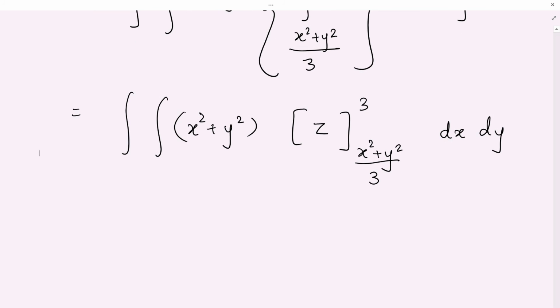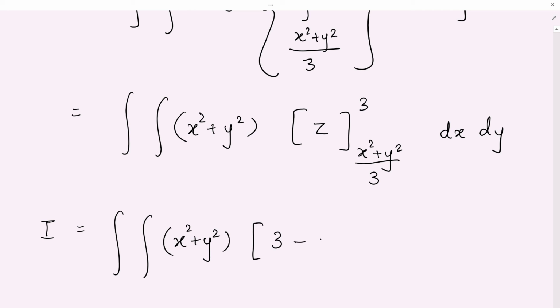So if I substitute, I will get my integration I as double integration of x square plus y square times 3 minus x square plus y square by 3, and then you have dx dy.